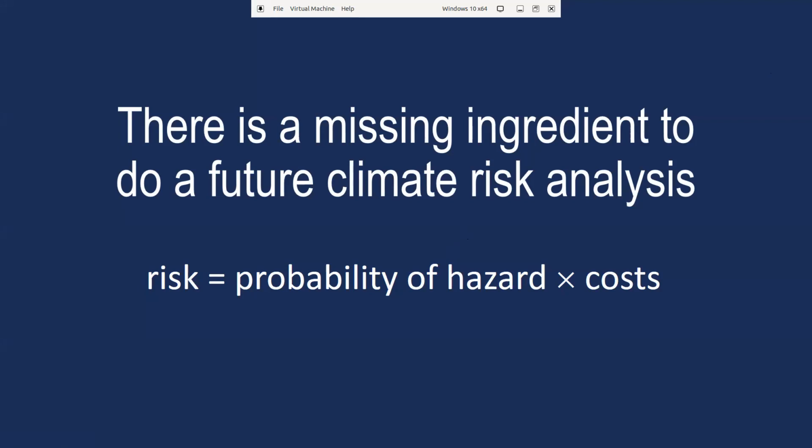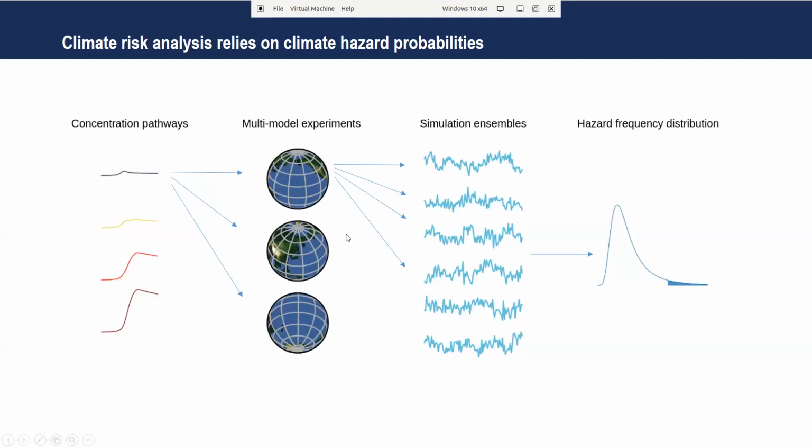And to estimate the probability of a future climate hazard, what we have at this moment is this kind of workflow. We have concentration pathways, so our scenarios that feed into multi-model experiments from CMIP, for example. And then each GCM in those experiments runs different realizations, which yield time series that we can analyze to extract hazards and build the kind of distributions of those hazards.